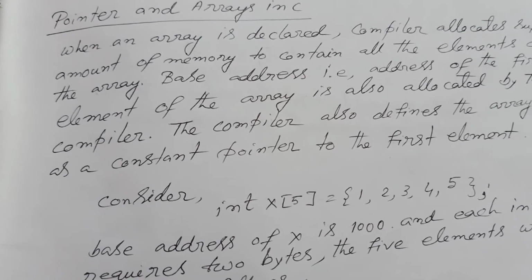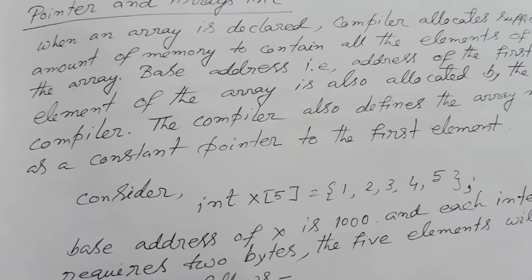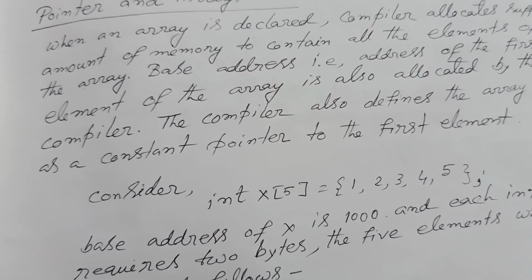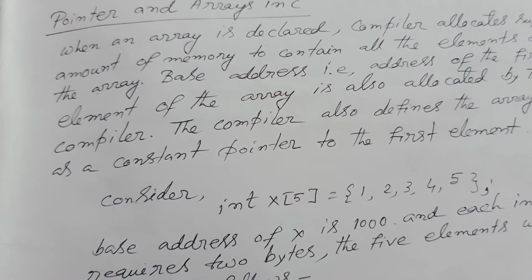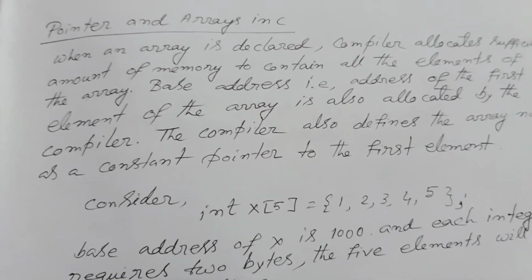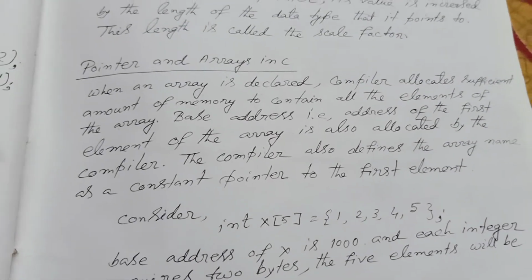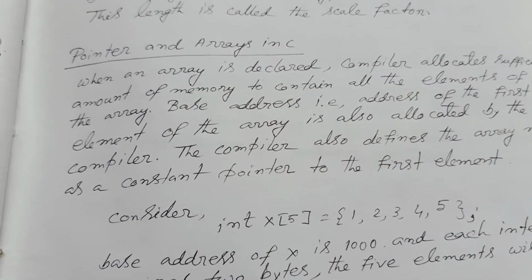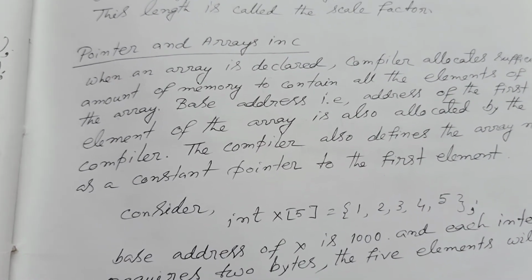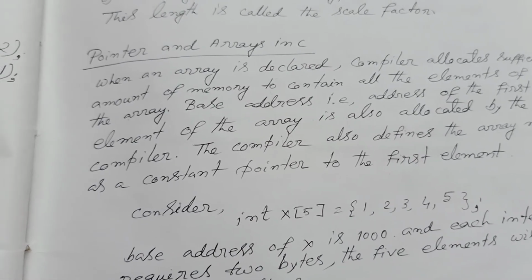The compiler also defines the array name as a constant pointer to the first element. That means the pointer and array, when we learn array, we have also learned how to declare it. Okay.